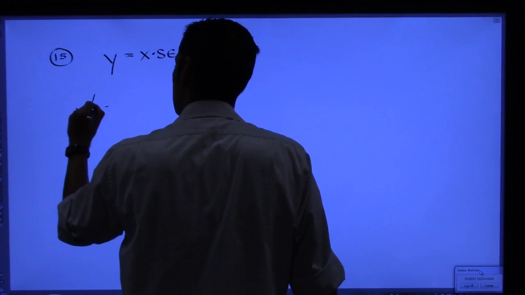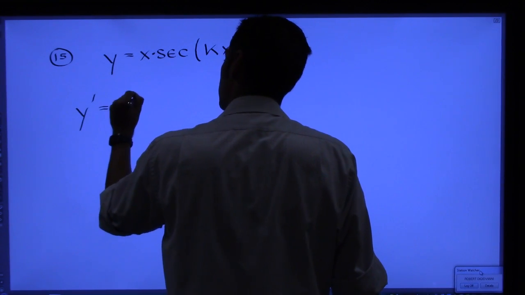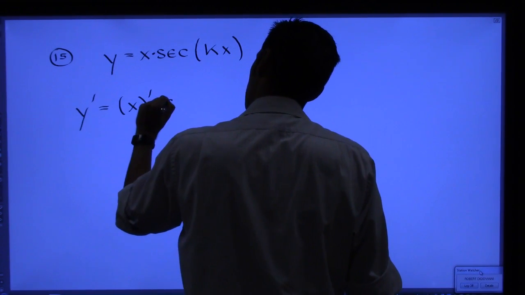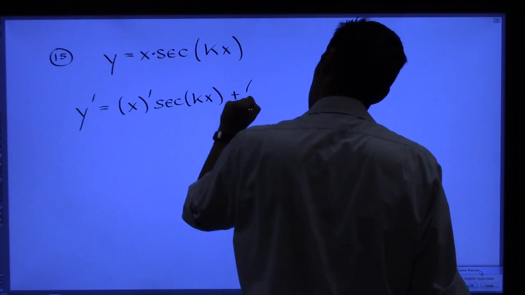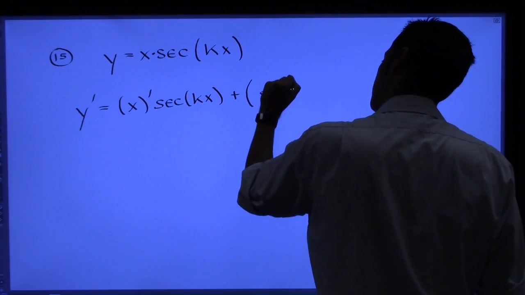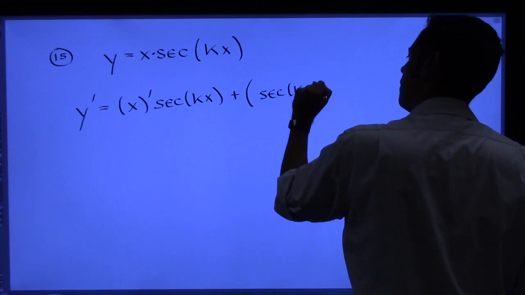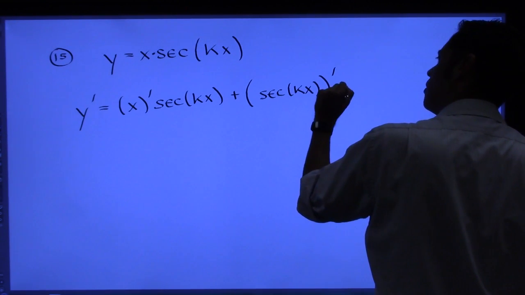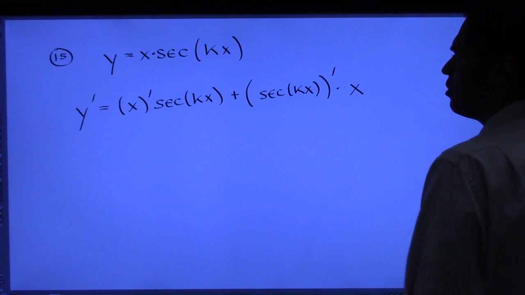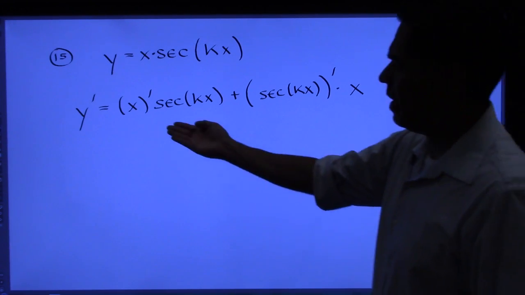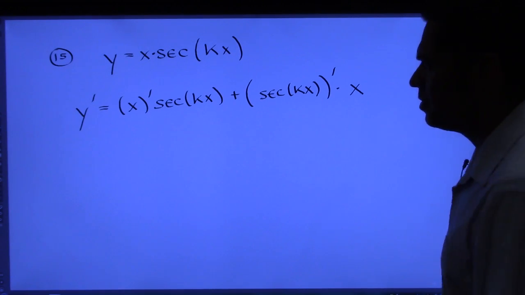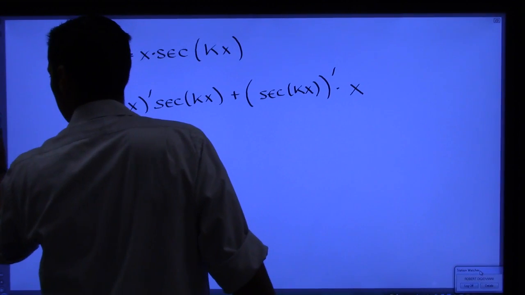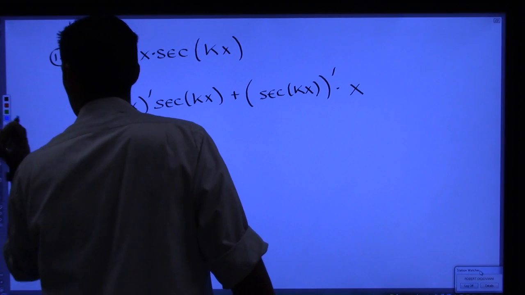The derivative of this should be the derivative of the first one times the second one plus the derivative of the second one times the first one. So there's your product rule. The derivative of x is pretty clear, right? It's just 1.